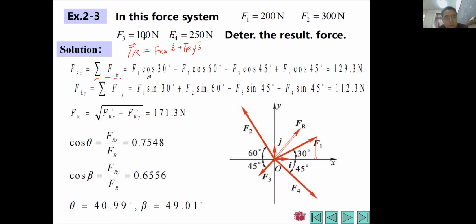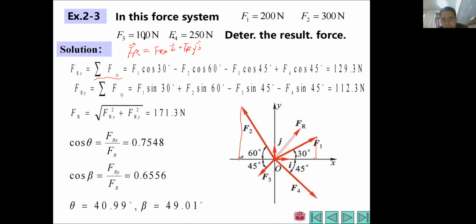Use the same step. Then we should consider F2. You will find F2 goes toward the left part of x. So once again, we do the normal projection onto here, right?